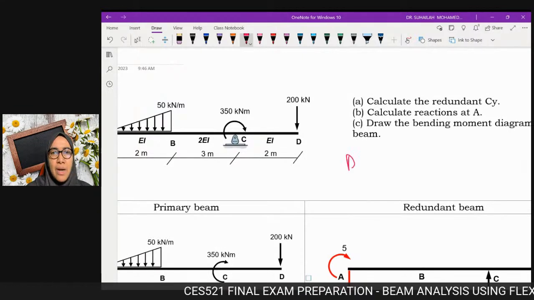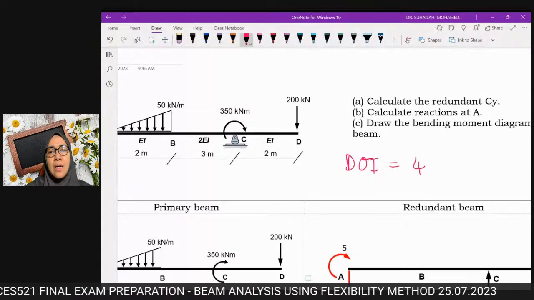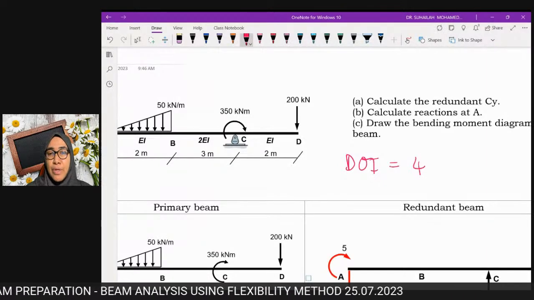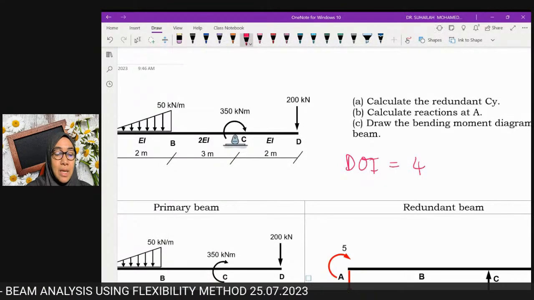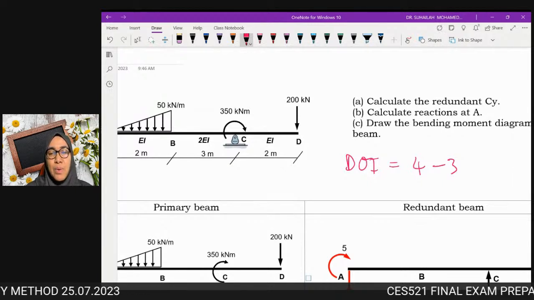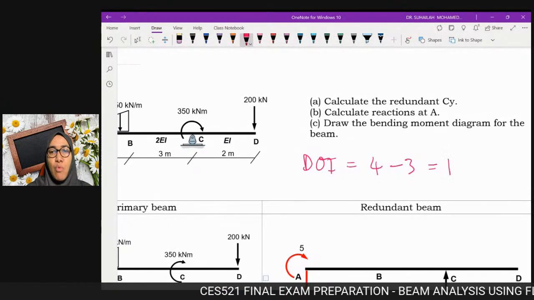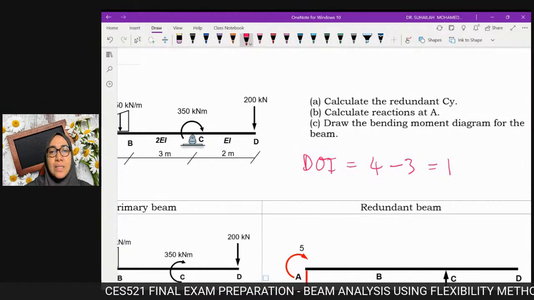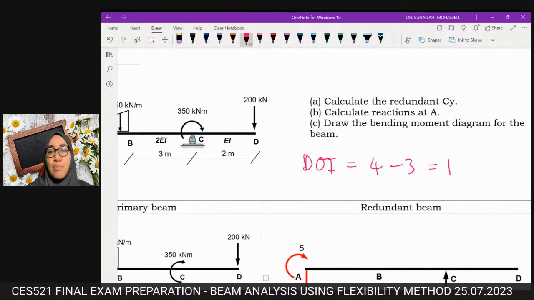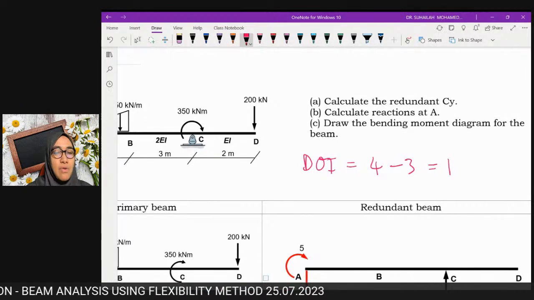These 4 unknown reactions cannot be determined using the 3 equilibrium equations, because only 3 can be determined using equilibrium equations. So we have one redundant in the system. This redundant is the problem, so we have to solve the redundant first.